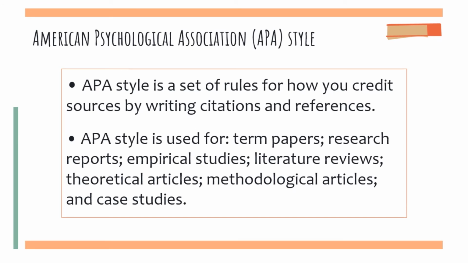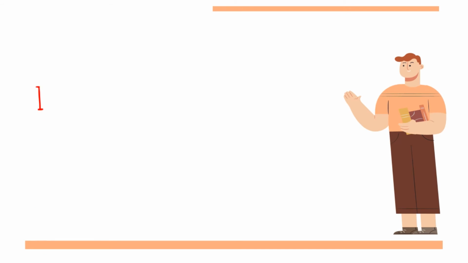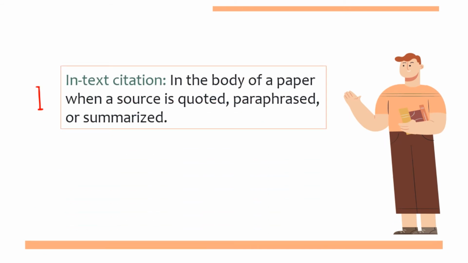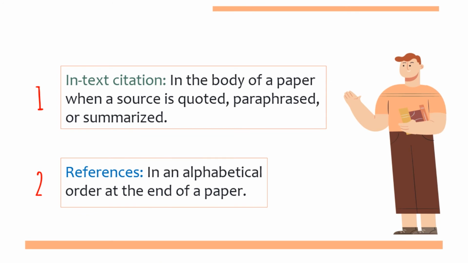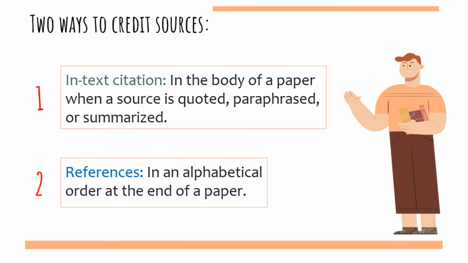APA style is used for term papers, research reports, empirical studies, literature reviews, theoretical articles, methodological articles, and even in case studies. There are two ways to credit sources. First, in-text citations, which was taught to us last semester, and the second one is the references, which should be written in an alphabetical order at the end of a paper.